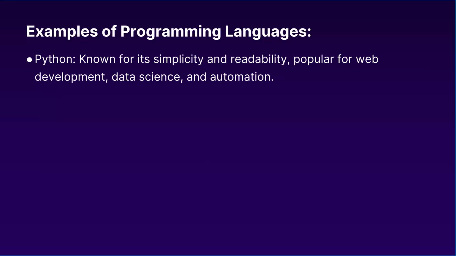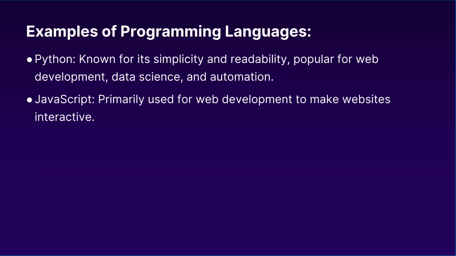Every programming language has a reason why it was created. What you can use this programming language to do, you might not be able to do as well with another programming language. JavaScript is primarily used for web development to make websites interactive.